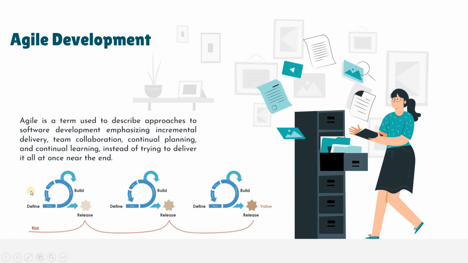At the end of each cycle, the valuable product, which means the end product, will be released to the customer. Each cycle has its own risk. So agile development needs to decrease the risk and ensure the product is valuable and qualitative.